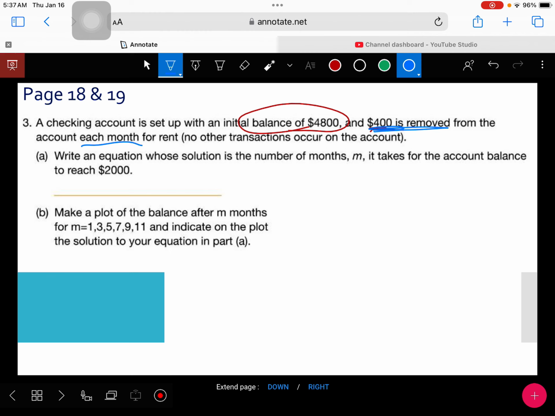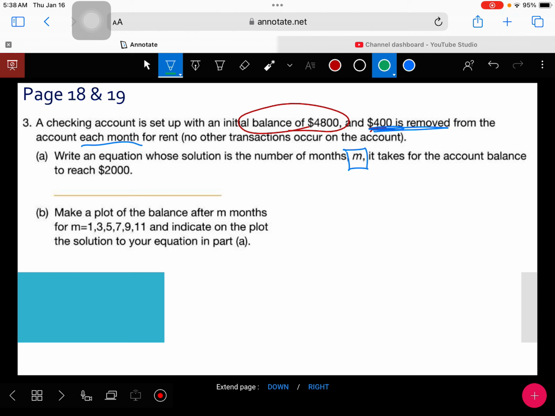No other transactions occur on this account, so this account is just for rent. Write an equation whose solution is the number of months M it takes for the account balance to reach $2,000.